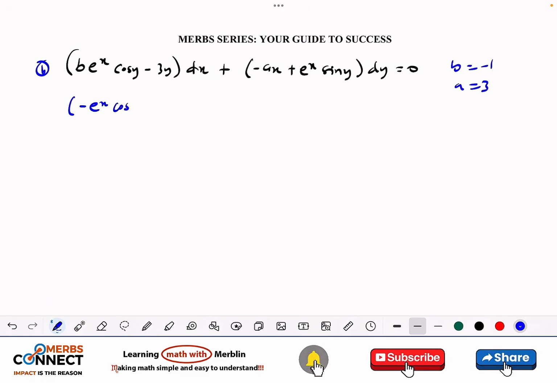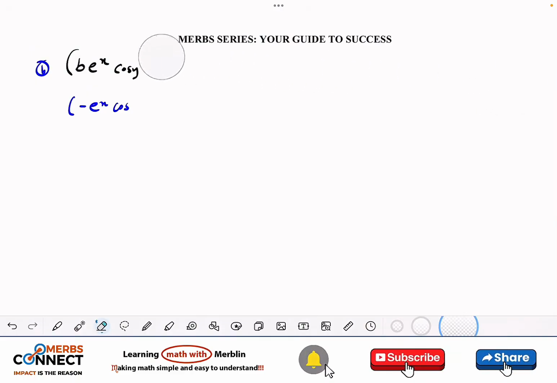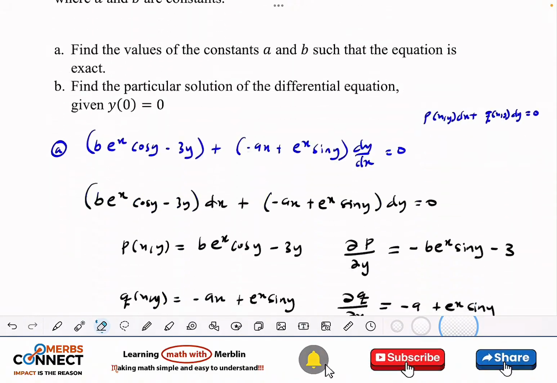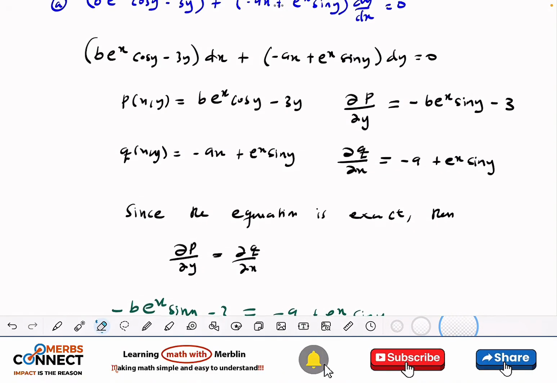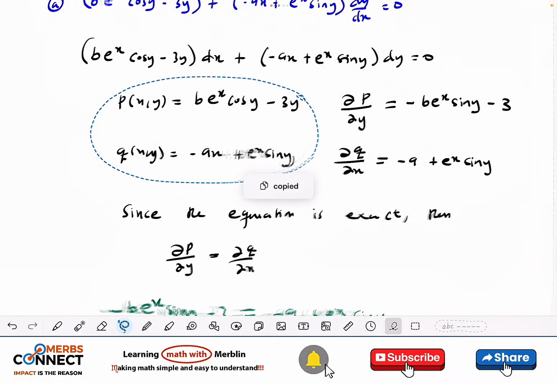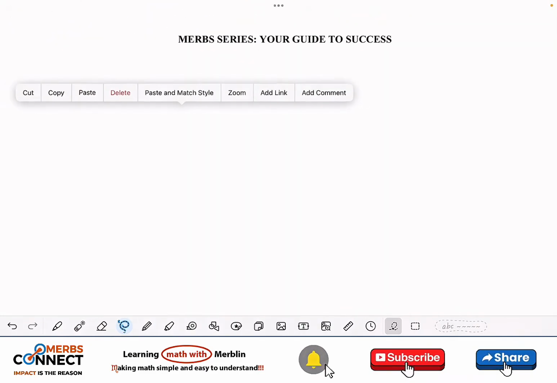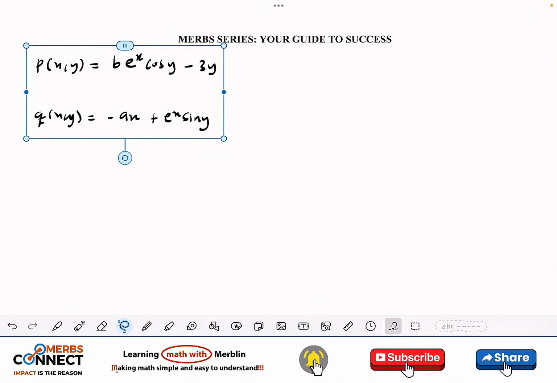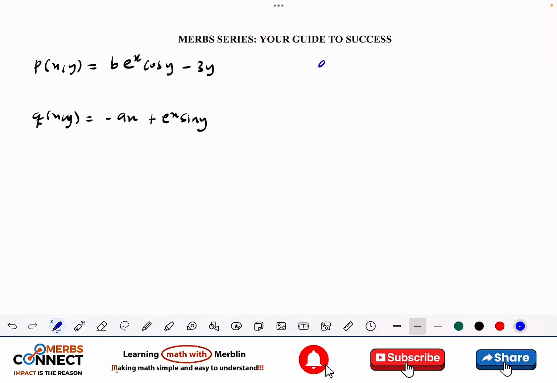Let me show you the shortcut. We've done everything, so we don't need to go through the whole process. Since we want to solve it, we can just use our P and Q, because we don't need to find all of them again. So let me paste it here. Good. Now we know that a is equal to 3 and b is equal to minus 1. So we are going to have the new P.